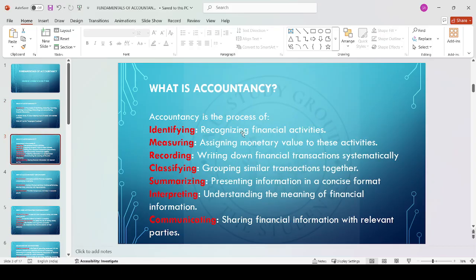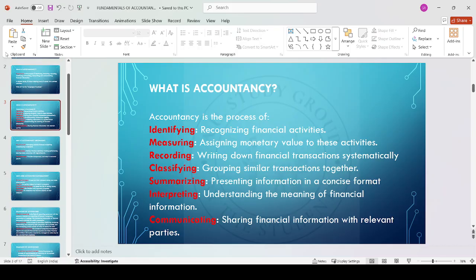Okay, now accountancy basically is a process of identifying. Now this means figuring out which activities involve money. For example, when a company sells a product or pays its employees, those are financial activities. So that is identifying.